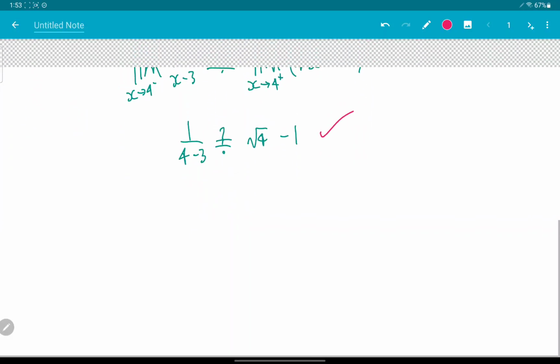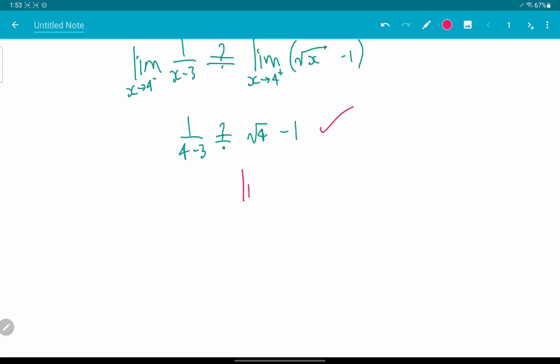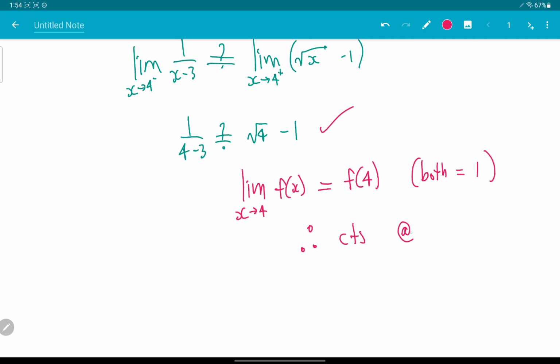I can write that down. The limit as x goes to 4 of f of x exists, and it equals f of 4, and in both cases they're equal to 1. So therefore, continuous at x equals 4.